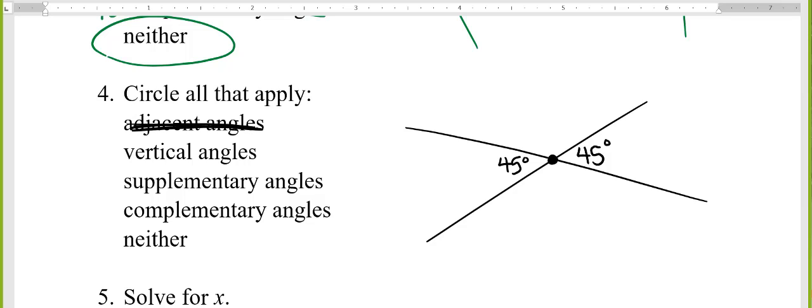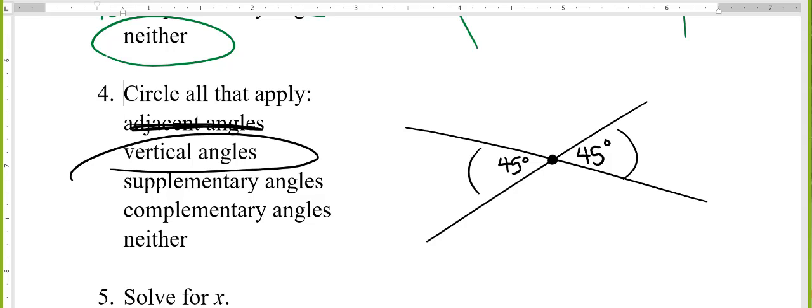I'm going to show you something though. These two angles, this one and this one, would be adjacent angles. But the two 45-degree angles are not adjacent. Are they vertical angles? Yes. Remember what vertical means? They're two intersecting lines. This one and this one would be a vertical angle.